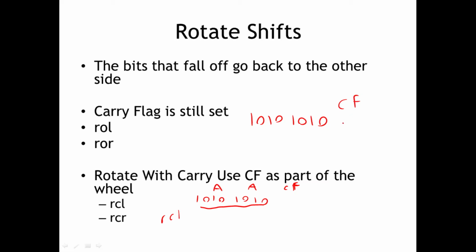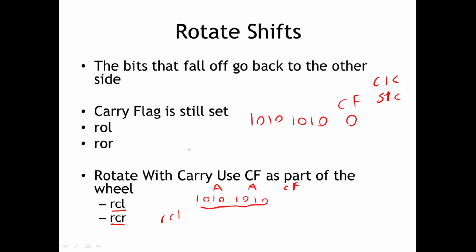The carry flag is part of this, and so we need to make sure that it's either cleared, right? So we have CLC to clear it, or STC, which is set carry, right? So it's either going to be a 0 or a 1. And now we can rotate with carry left or rotate with carry right, which are our two examples here, that just rotate.